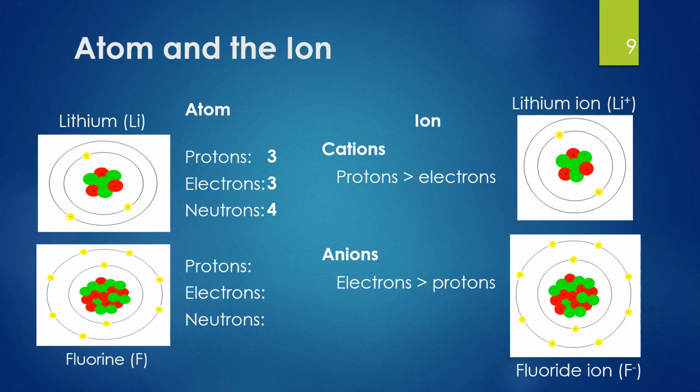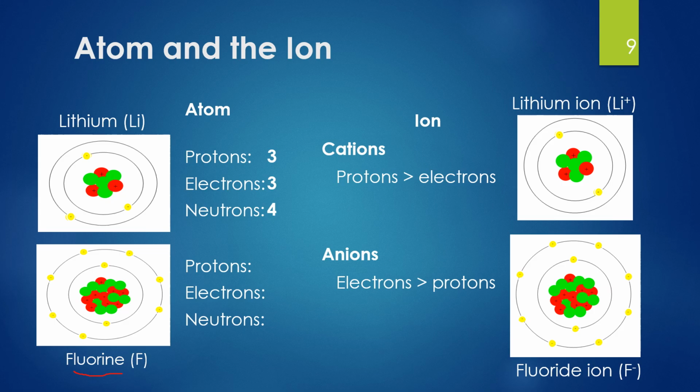Now let's go down to the bottom example with fluorine. So this is a neutral fluorine atom. Since it's a neutral fluorine, meaning it doesn't have a charge, that means the protons and electrons should equal each other. So go ahead and count them and see if they do. Now when I look at the protons, I see 9 positively charged protons in the nucleus of the fluorine atom.